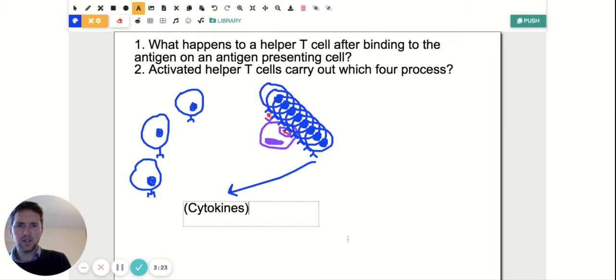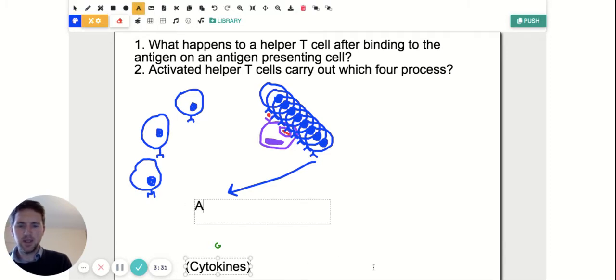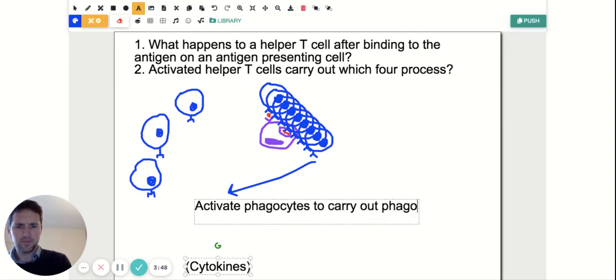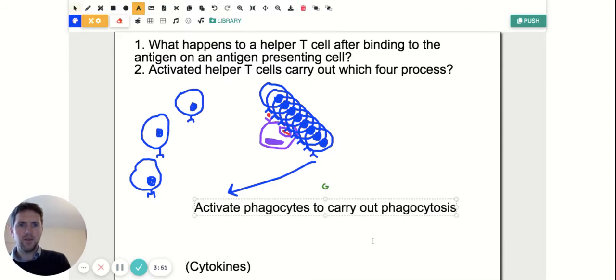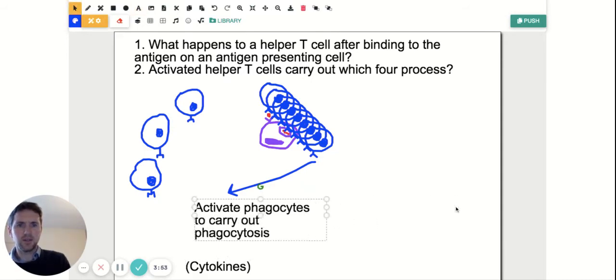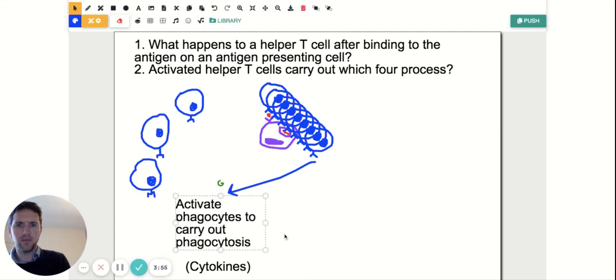Because they release those chemicals, the first thing they do is activate phagocytes to carry out phagocytosis. So that's one of the first things they do. They stimulate that non-specific immune response to keep going.